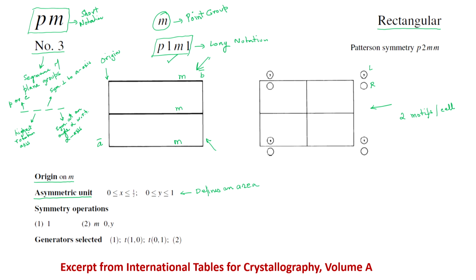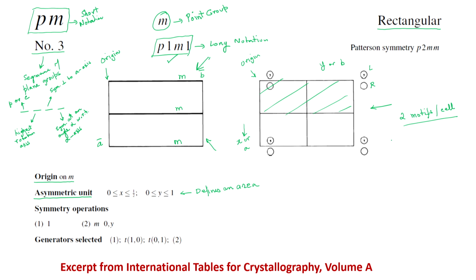And clearly, if I look at the diagram with the motifs, remember this is my x or a and this is y or b, this being the origin. This basically defines an area which is half of the area of the unit cell. Interesting to note that if I had put single atoms, there are 2 atoms per unit cell.